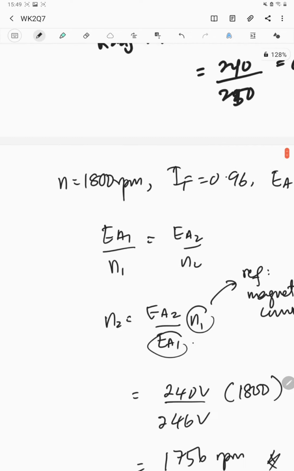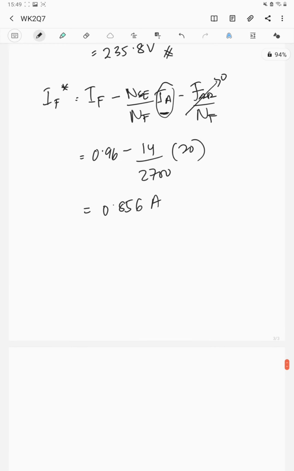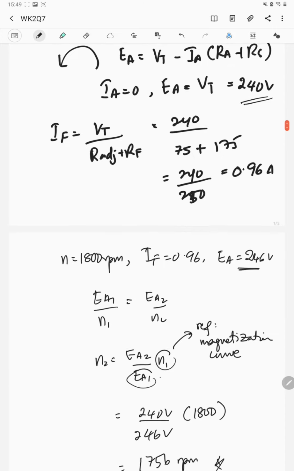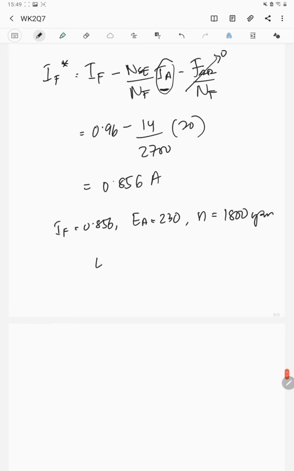So the new reference is for IF equals 0.856, where you get EA of 230 at N equals 1800 RPM.